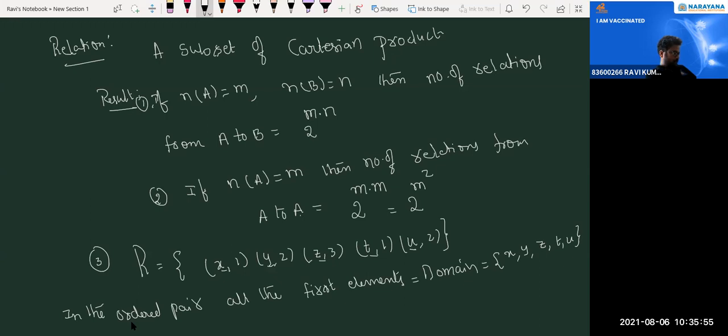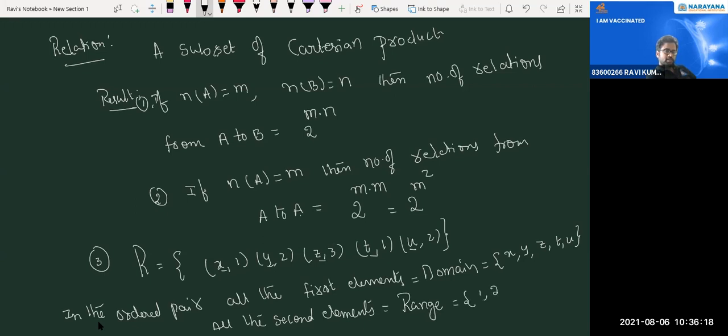Okay. Now, all the second elements we call as range. What's the range here?